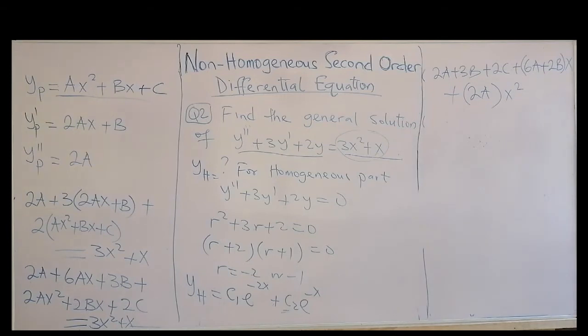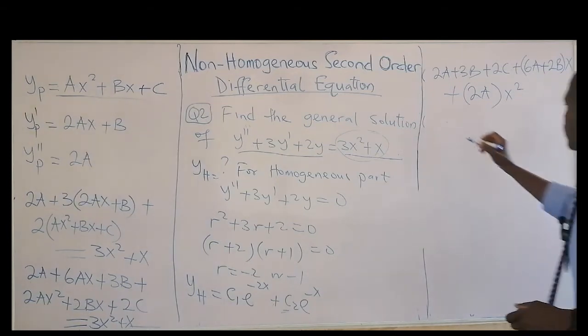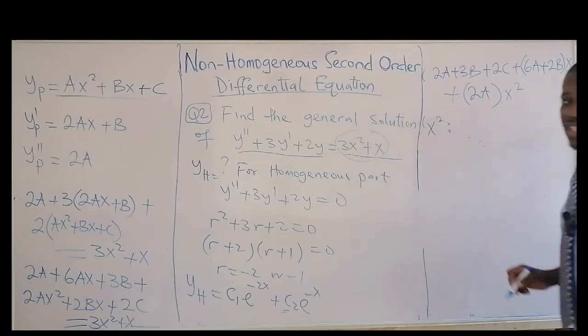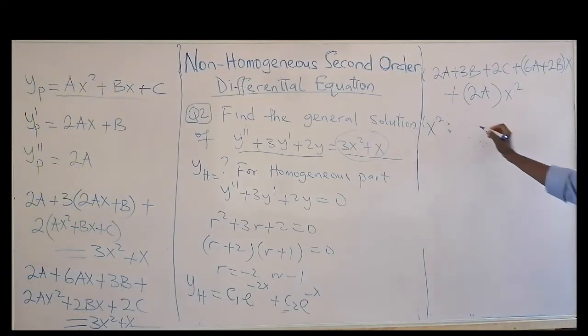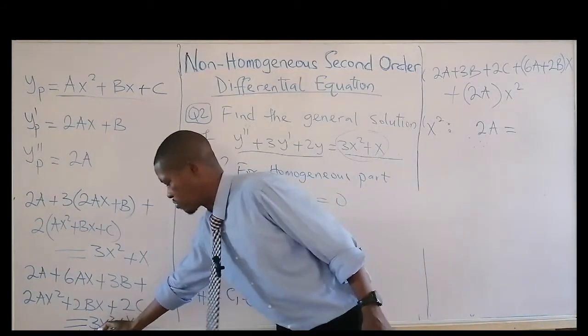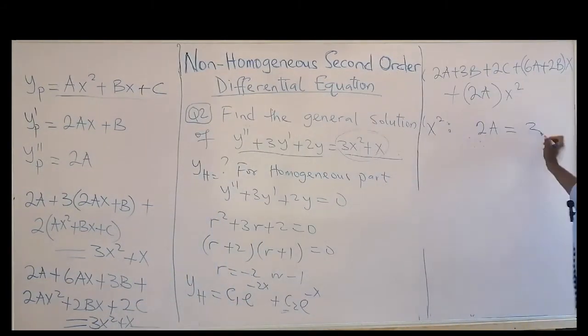Okay, so I'm going to start by equating the coefficient of x squared. That will be 2a equal to the coefficient of x squared on the right-hand side, which is 3. So a is what? A is 3 over 2. I've gotten a now.